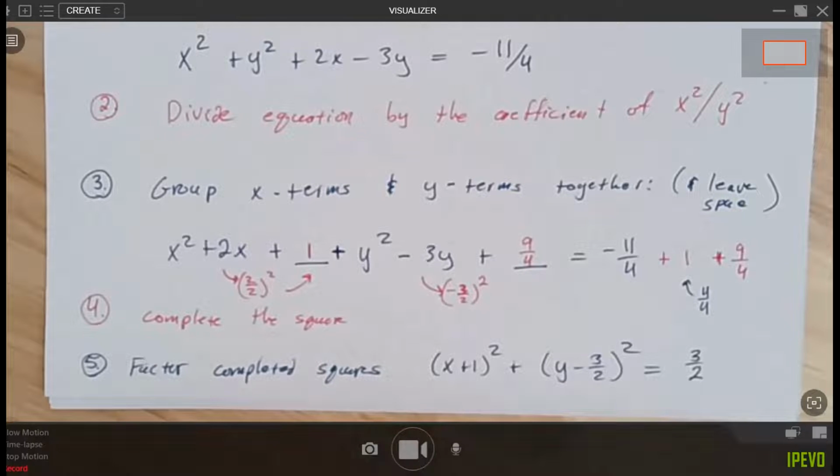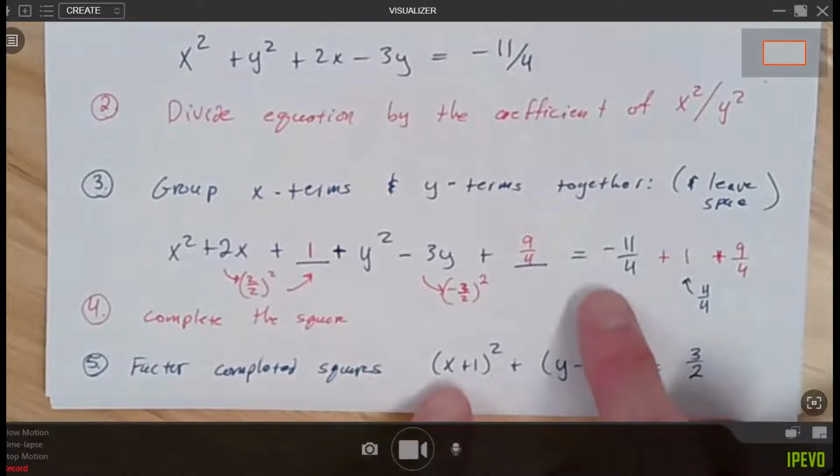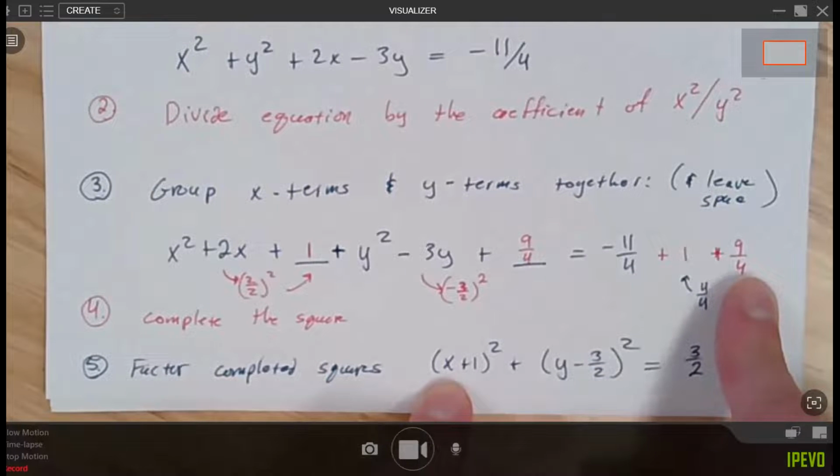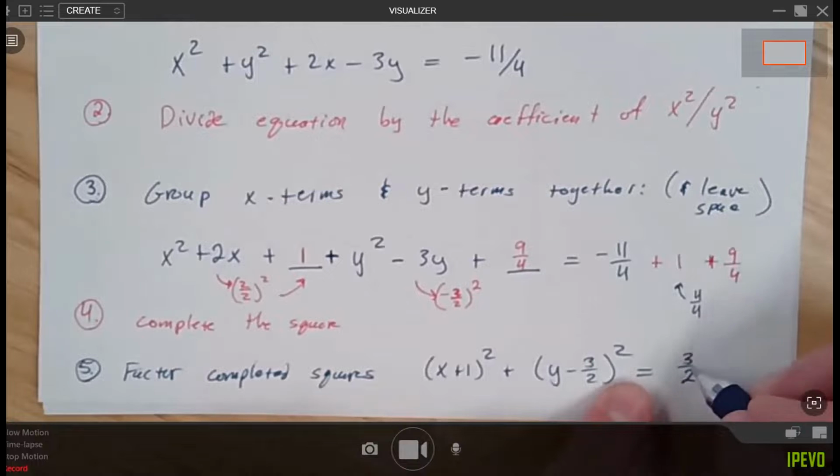Which I feel like I've made a mistake there because, oh no, I did. I lost a sign in my head. So I said 2/4 plus 4/4 is 6/4. But what I actually had was -11/4 plus 9/4 is -2/4. And -2/4 plus 4/4 is +2/4. So I don't have 3/2 here. I have 1/2.